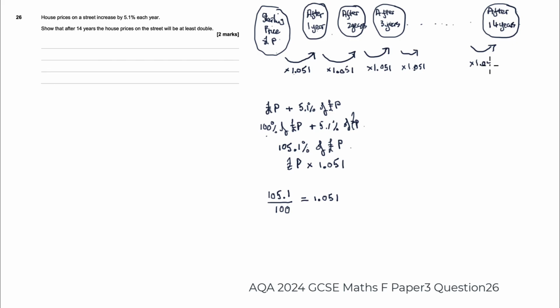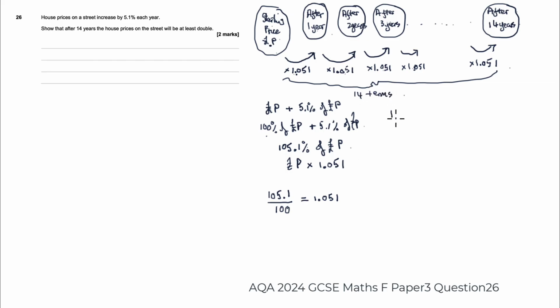Now, looking along this line, we start off with this price P, we multiply by this, we multiply by that again, we multiply by the same number all the time. There's actually 14 of these, 14 terms.